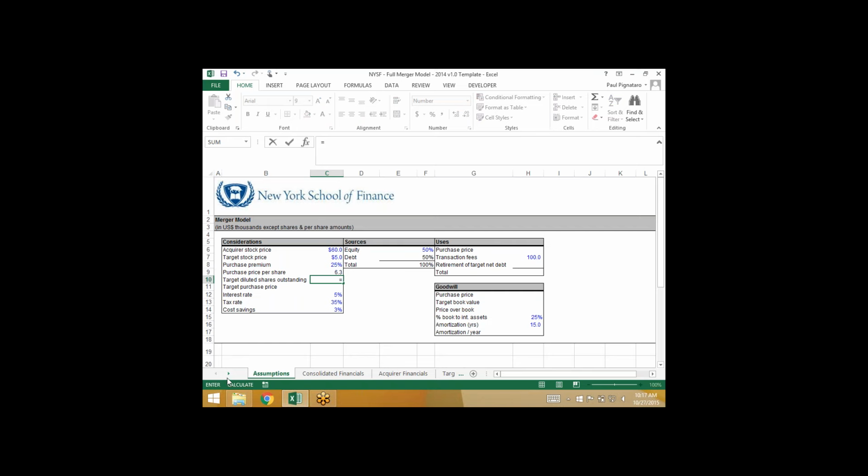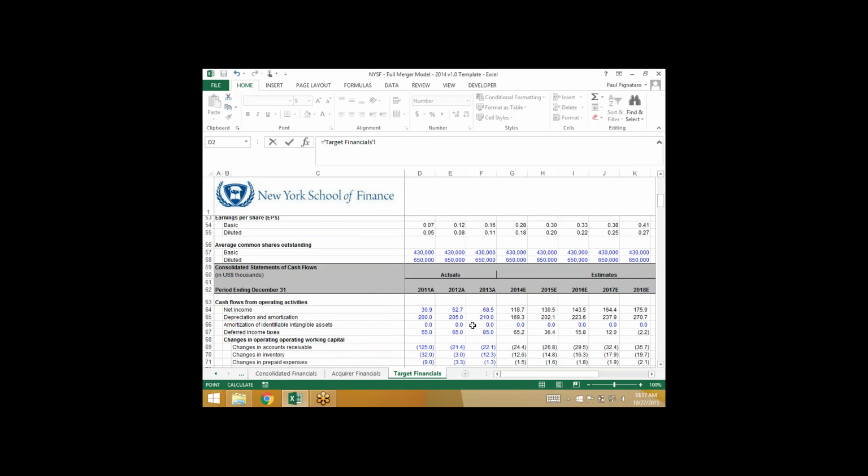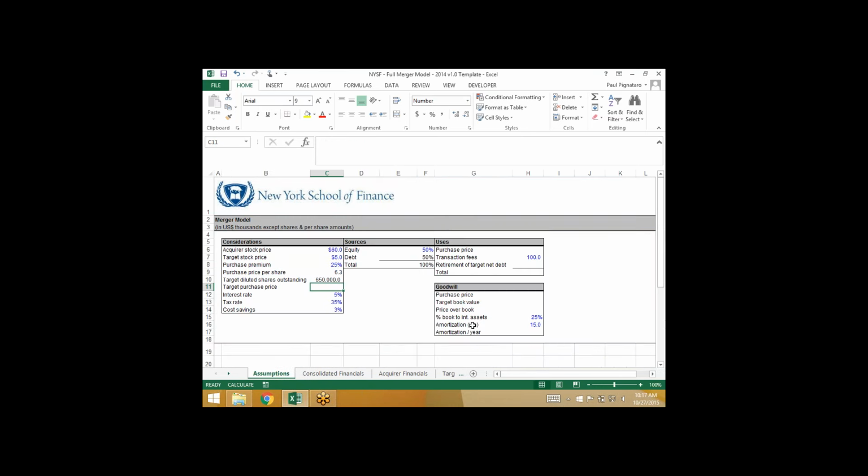So we'll go to the target financials. We'll pull 2013 diluted shares. And so the target purchase price is a product of the two, 6.3 times 650.